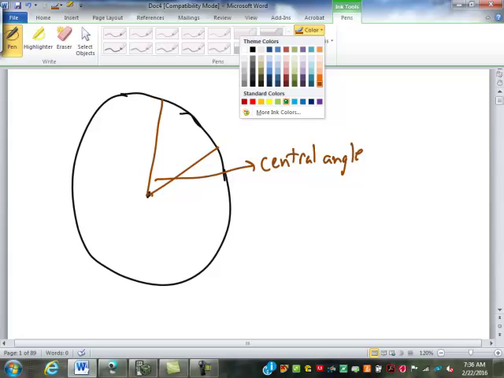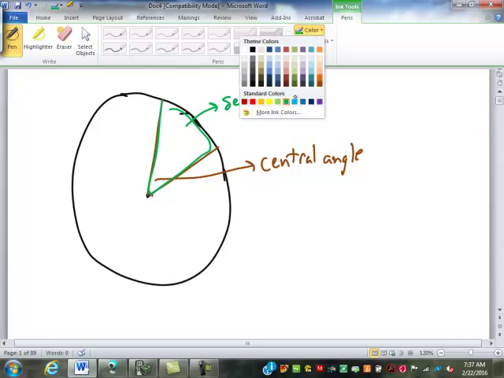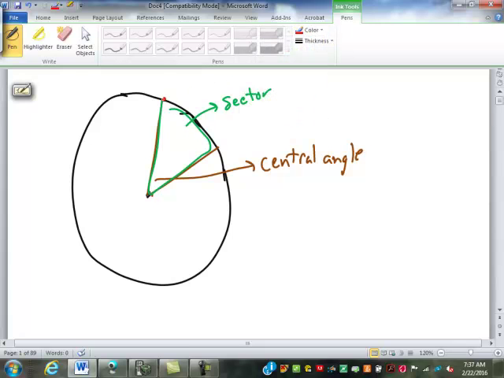It defines a sector. It also defines an arc. Now the length of that arc is defined by the angle and the radius of the circle.